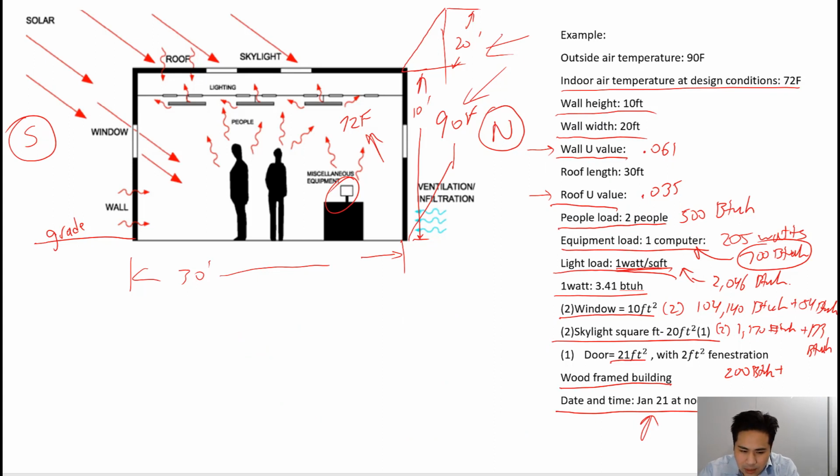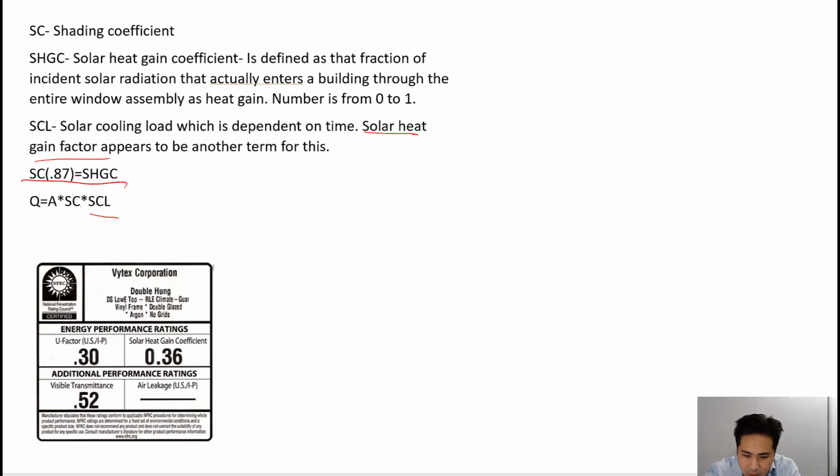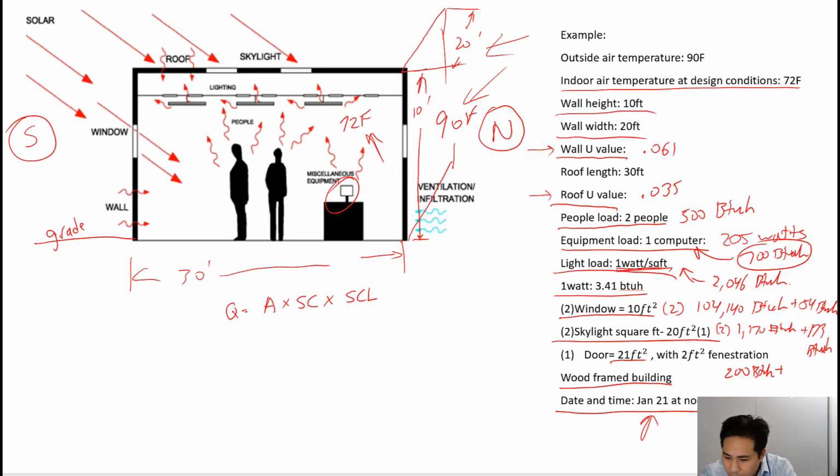Okay, now to get the radiation heat transfer through the glazing of the door, we use that formula again, which is Q is equal to the area times shading coefficient times the solar cooling load, or the solar heat gain factor, which is here again. Alright, so the area in this case is 2.